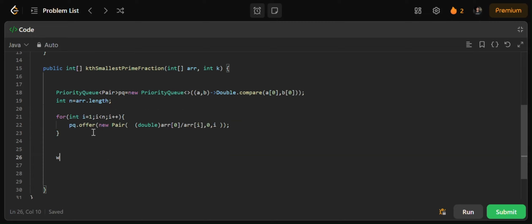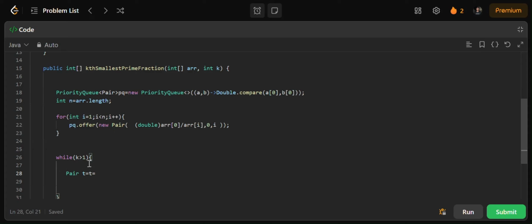And we'll do this until k is greater than 1. That means we need the kth term, so we have to remove the k minus 1 terms. So we just pop out all the elements before k, that means k minus 1 elements we pop out.